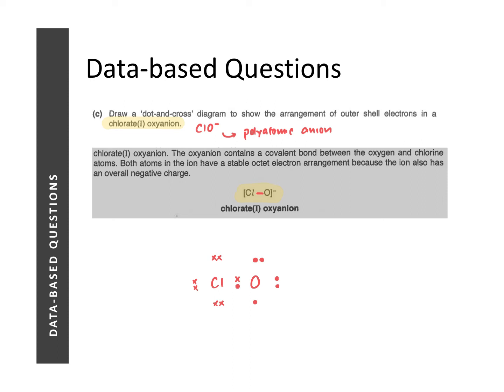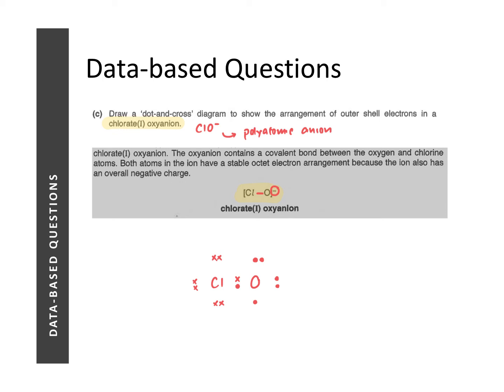Okay, so how then can we have a stable octet electron arrangement for oxygen as well? That's where the minus charge comes in. What does a minus charge mean in chemistry? It means that the substance has gained an electron. Remember, electrons are negatively charged, so when you gain one electron, you will gain a negative charge.